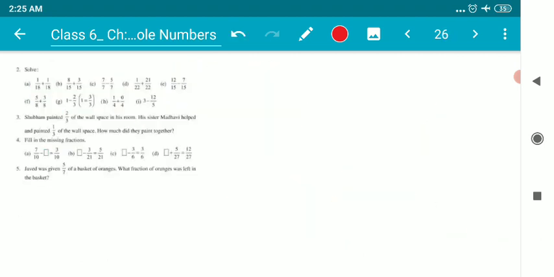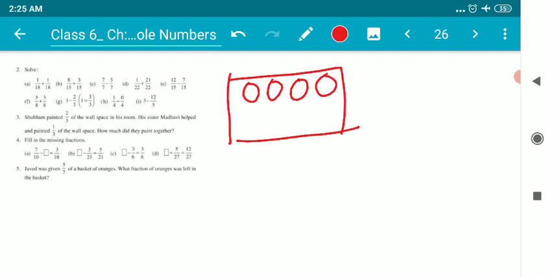So now, children, some questions are from exercise 7.5. Question number 1 was about dealing with fractions, in which diagrams will be given and we have to find out the actual fraction. Suppose, children, a box contains 8 balls, out of which 3 balls are shaded.